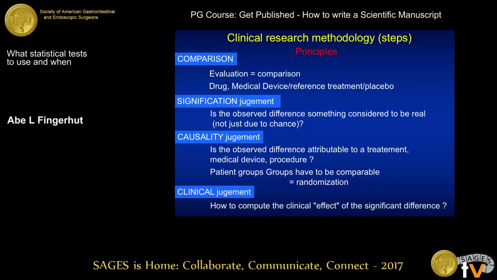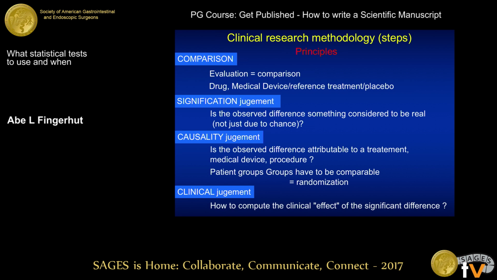Once again, causality can be affirmed only by a controlled randomized trial, for the reason that I stated before: the confounding factors that you know about, as well as the confounding factors that you do not know about, are equally distributed by randomization between the 2 groups.